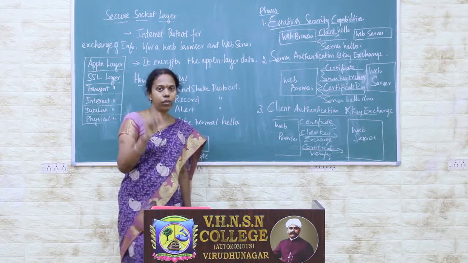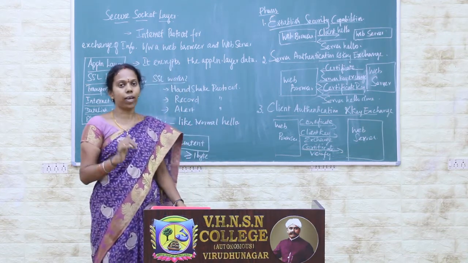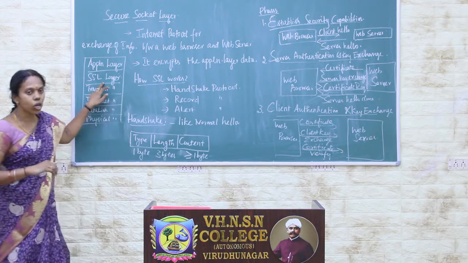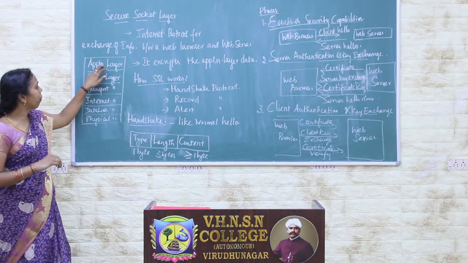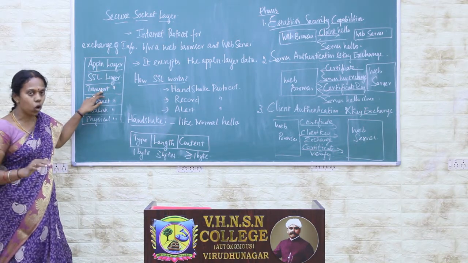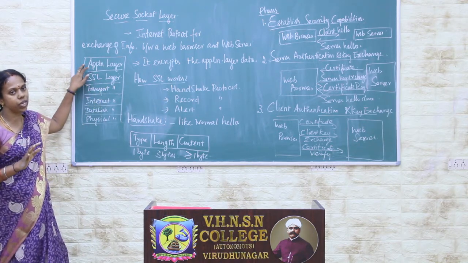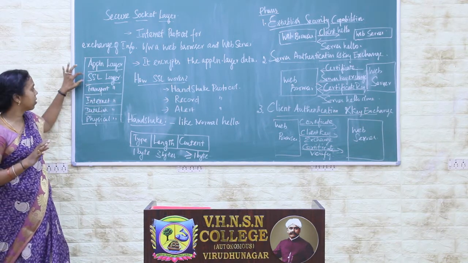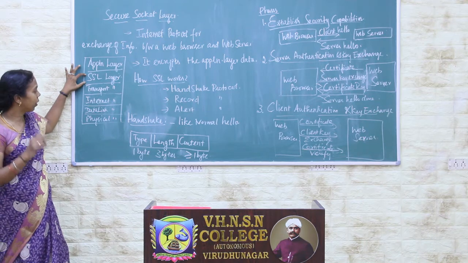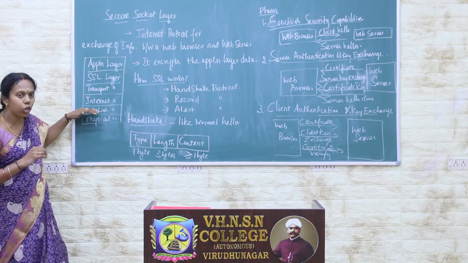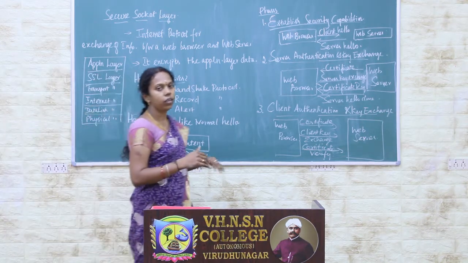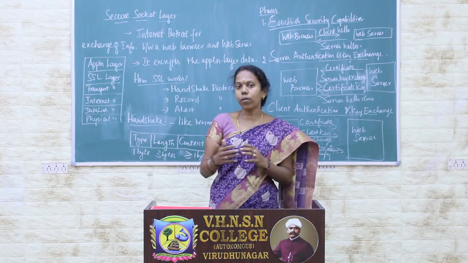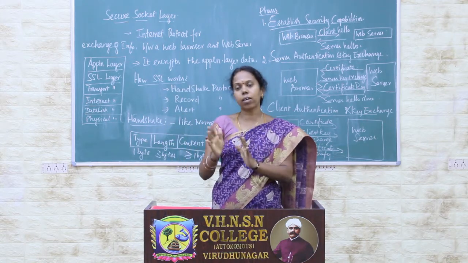Now you have the question: why do we place the Secure Socket Layer between application and transport? Because SSL only encrypts the application layer data. Why have we not placed SSL below the data link layer? From the working of SSL, it only encrypts the data.